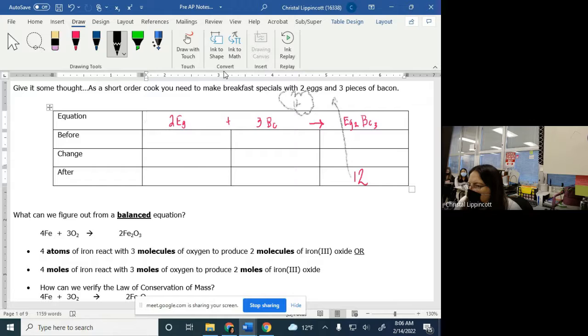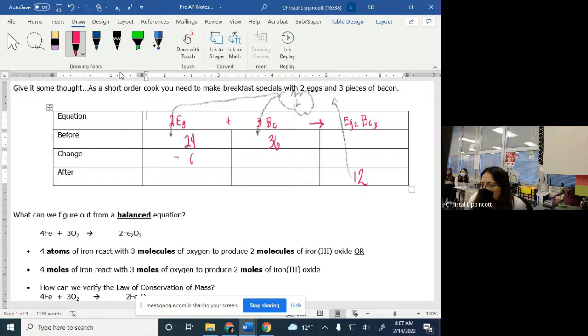Now I'm going to bring that number down, and when I go down through the cloud, I have to multiply. So 12 times 3 is 36, and 12 times 2 is 24. In order to make 12 breakfast specials, I have to start out with this much material. Does that make sense?